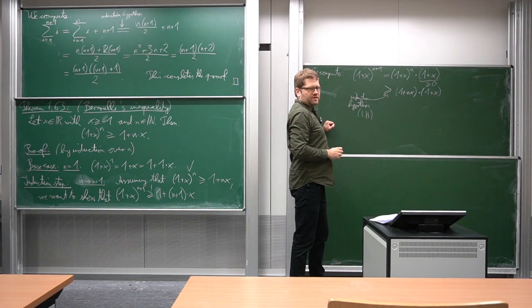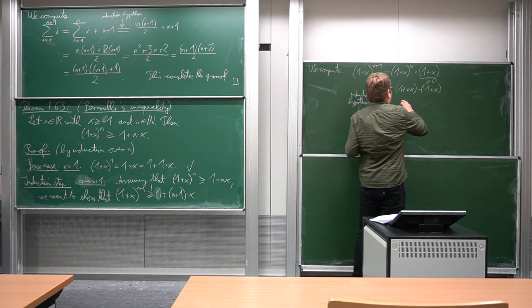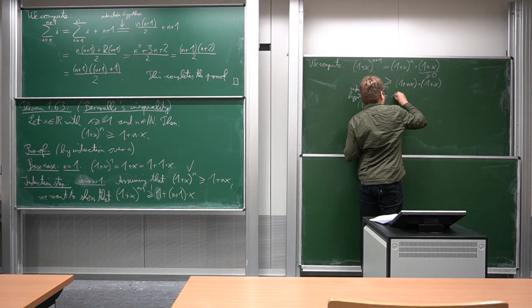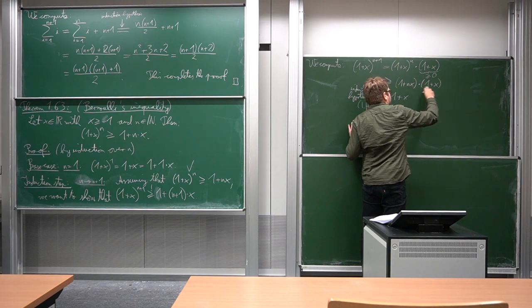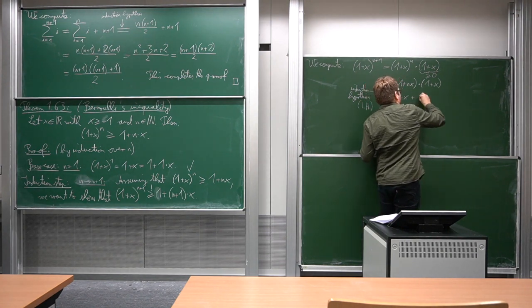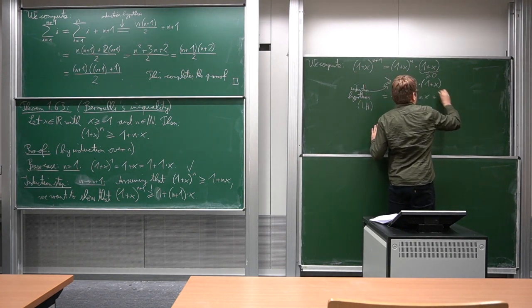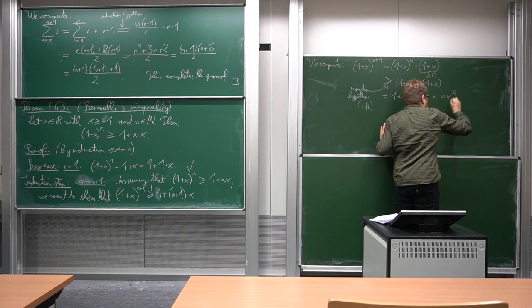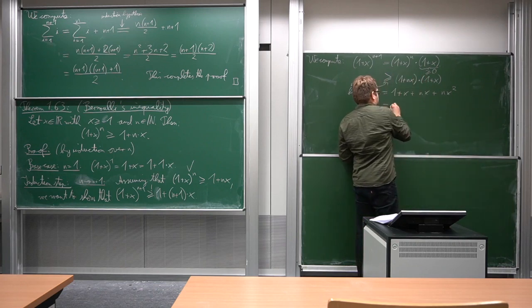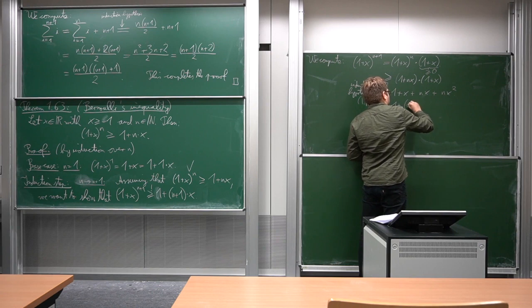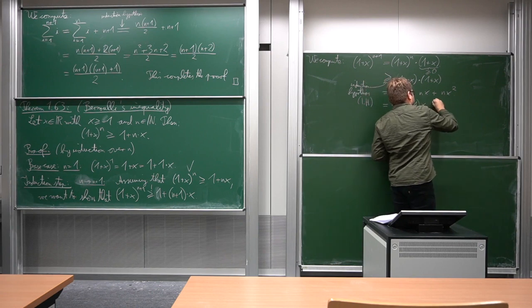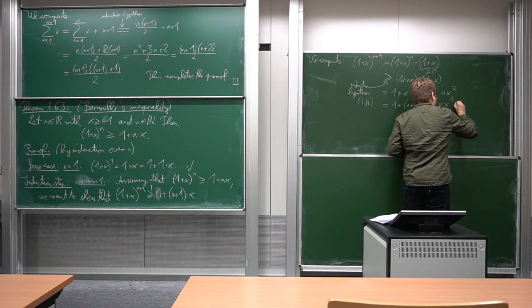Okay, and this is now something we can compute, so we just multiply 1 times 1 plus x gives 1 plus x, and then nx times 1 plus x gives nx plus nx squared. This is the same as 1 plus n plus 1 times x plus nx squared.